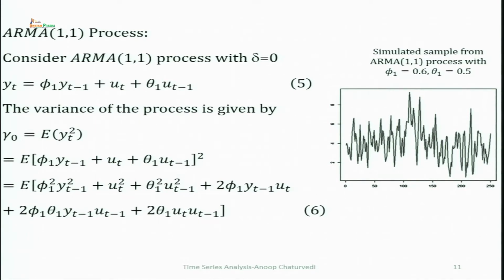Then by taking square of this quantity, you obtain phi 1 square y t minus 1 square plus u t square plus theta 1 square u t minus 1 square, and then you get cross product terms 2 times phi 1 y t minus 1 u t plus 2 times phi 1 theta 1 y t minus 1 u t minus 1 plus 2 times theta 1 u t u t minus 1. Obviously, the expectation of this term is 0.